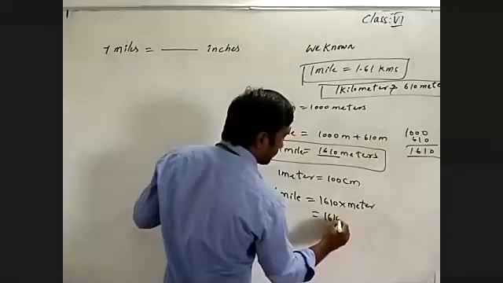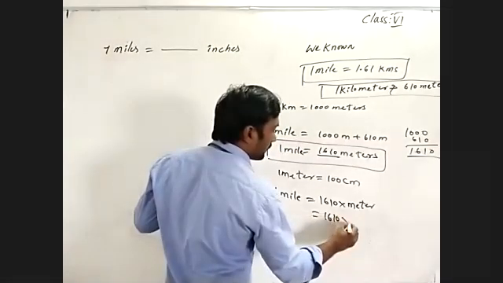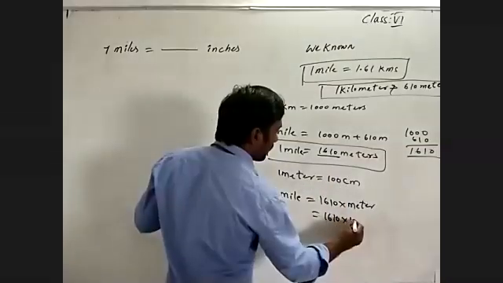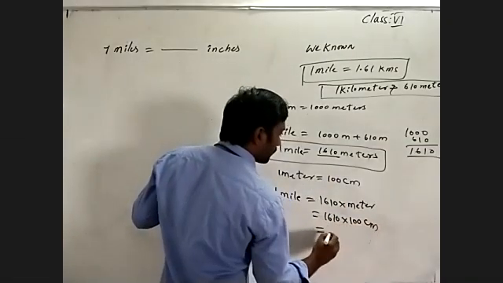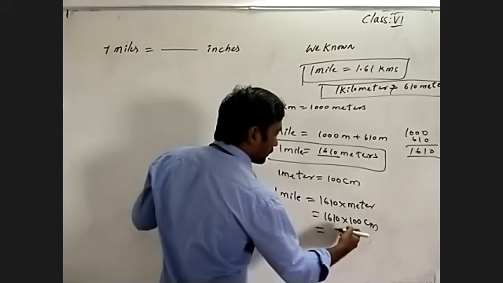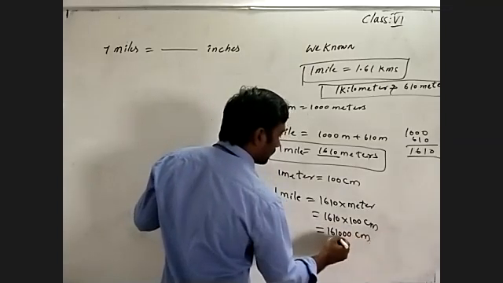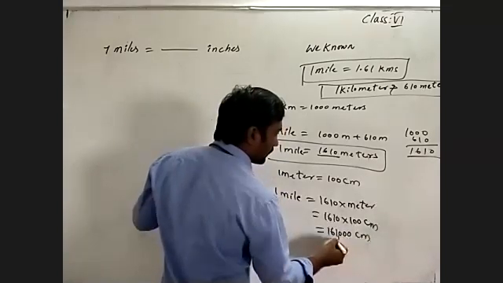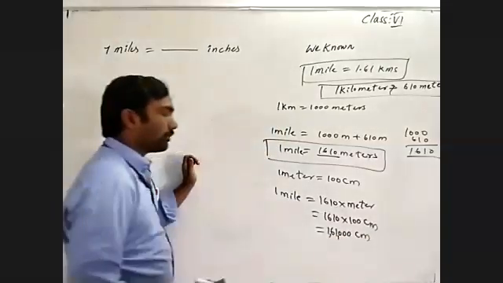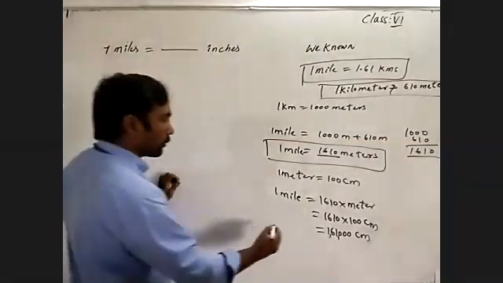So 1610 into 1 meter is equal to 100 centimeters. By that, how much can we get? With 2 zeros added, 1 times 100 centimeters. So 1,61,000 centimeters per 1 mile.